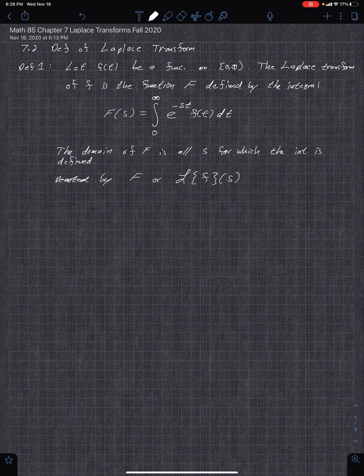So f will be a function of something else, like x, or f of t is fine, another way of writing it. But it's that L of f that is the main point of this.